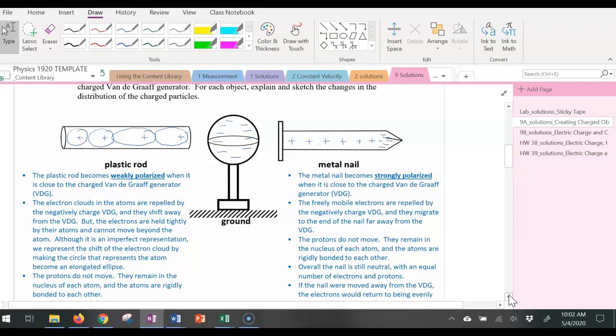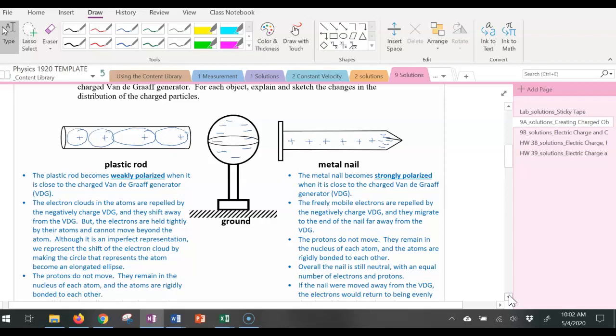So the freely mobile electrons move away from the Van de Graaff generator. They're allowed to move away from their atoms, and so they do. They move to the far right side of the nail, as far away as they can get from that negative Van de Graaff generator.